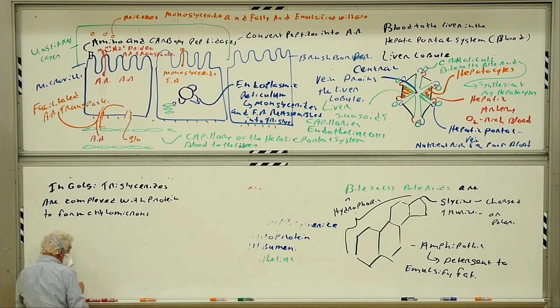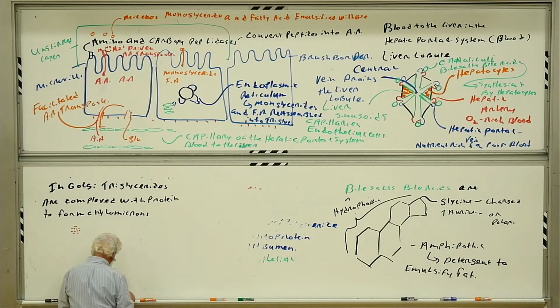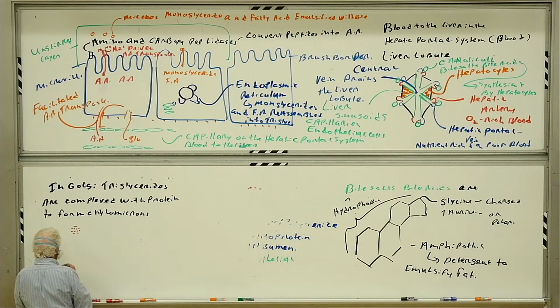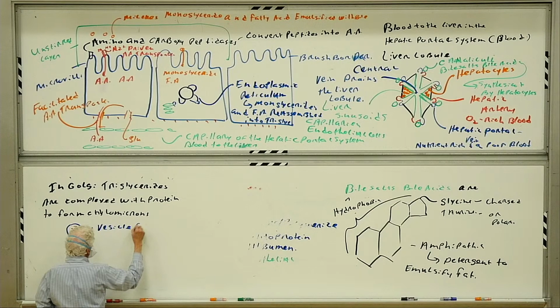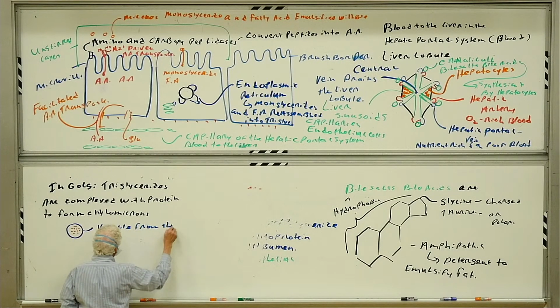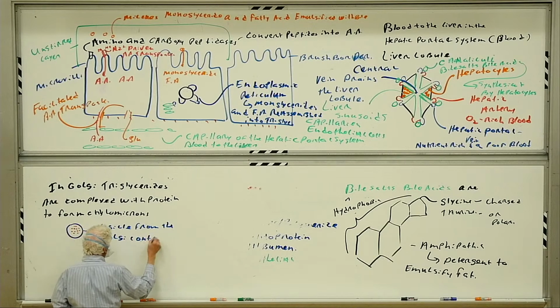And these chylomicrons, which I'm going to show as red dots, in the Golgi apparatus are assembled into a vesicle. So this is a vesicle from the Golgi containing chylomicrons.